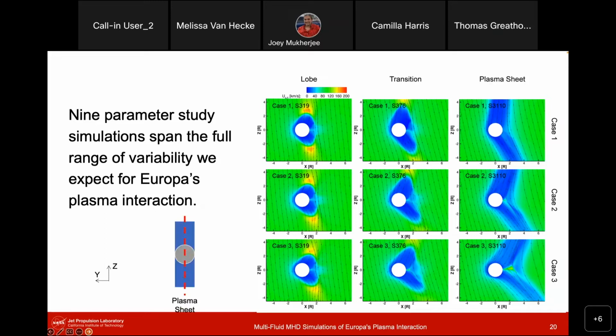Just a quick word on why these plots all look so different. It's simply because of that tilt in the magnetic field. So in the plasma sheet cases, this plane is lined up with the magnetic field, but in these lobe and transition cases, you're seeing a tilted section through the interaction.